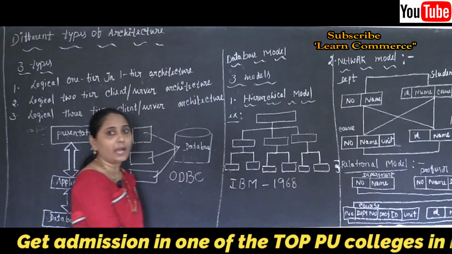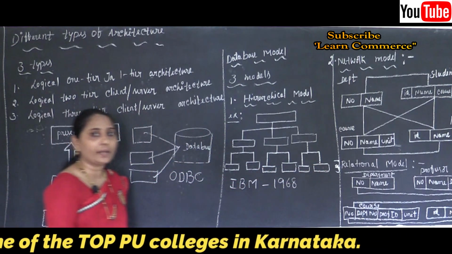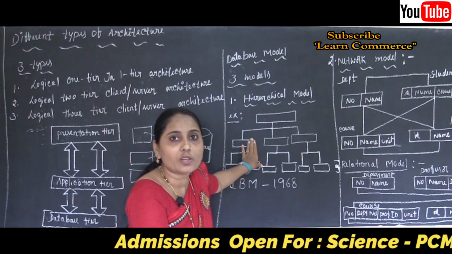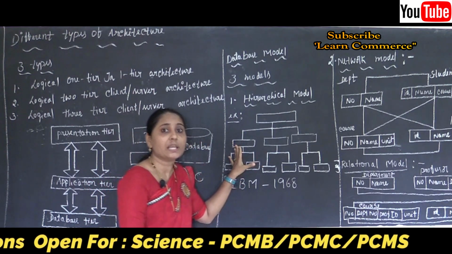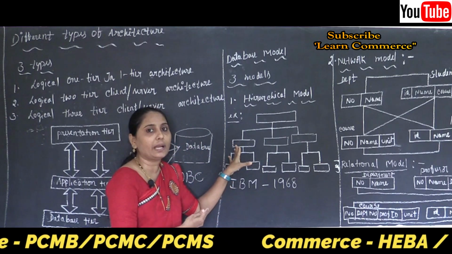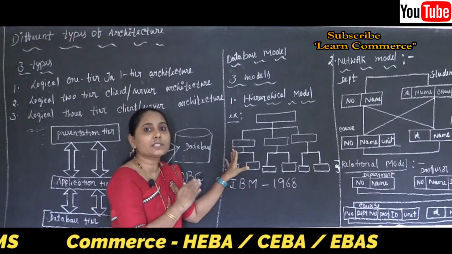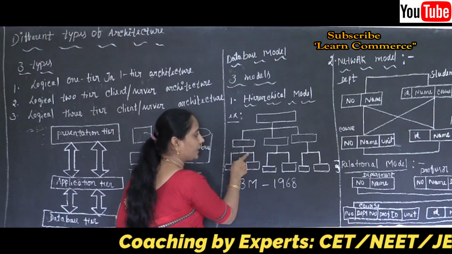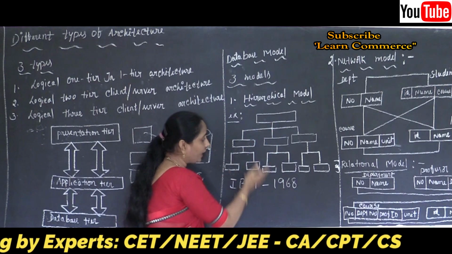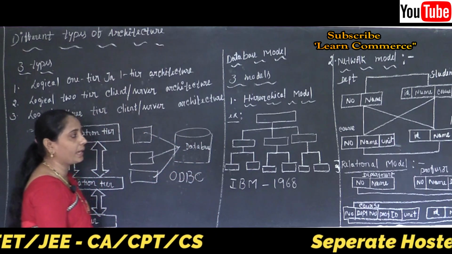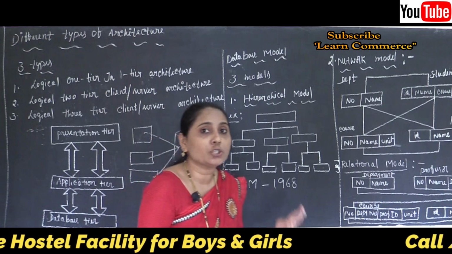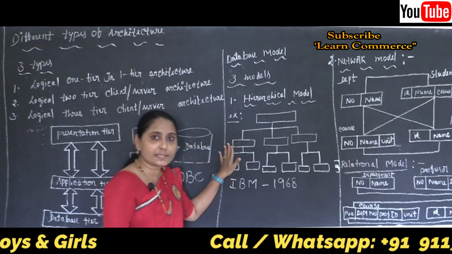All those records are connected to one another by using links. This is how we connect each record in our hierarchical data model.